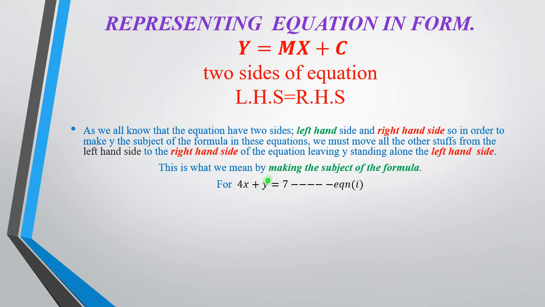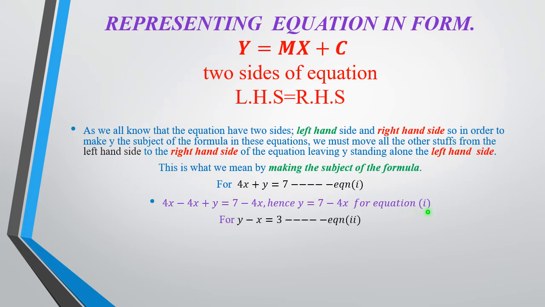If we subtract it from both sides, you can see 4x minus 4x plus y is equal to 7 minus 4x. 4x minus 4x gives us 0. 0 plus y is the same as y. So y is equal to 7 minus 4x. Therefore, we now have the equation y equals 7 minus 4x for equation number 1.